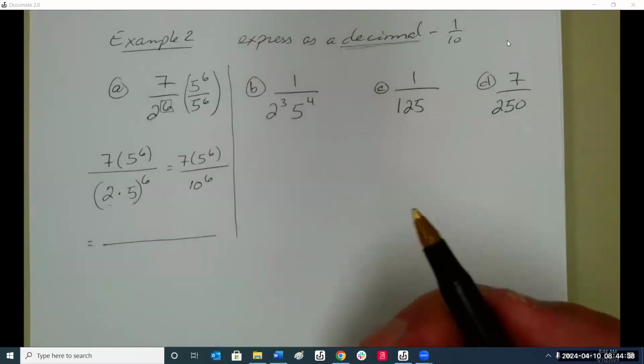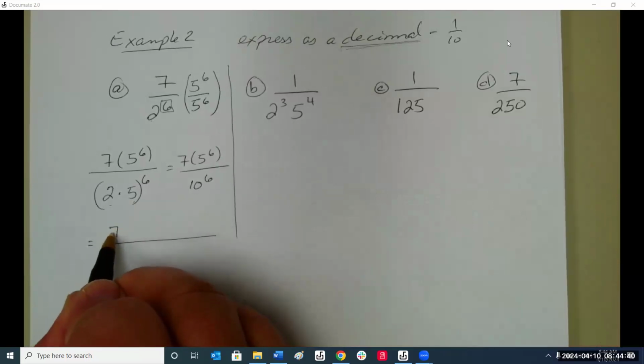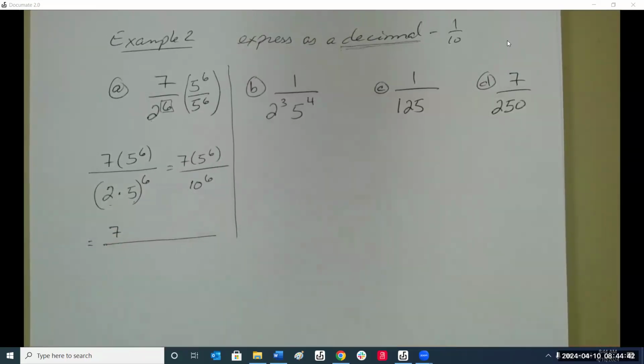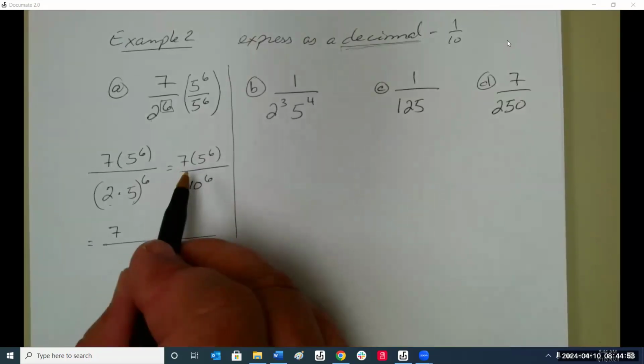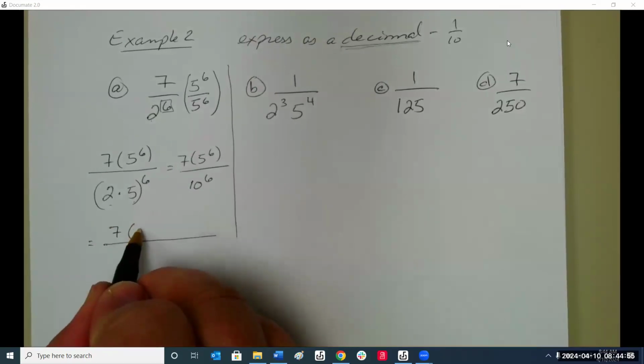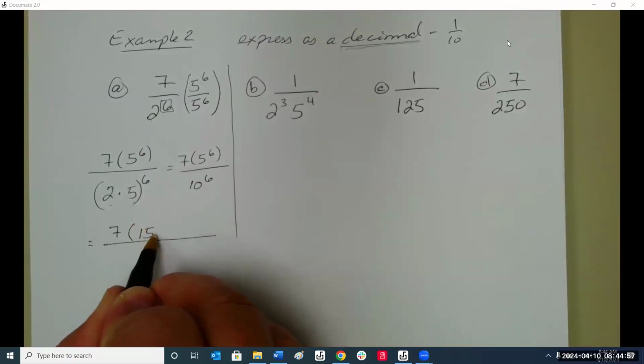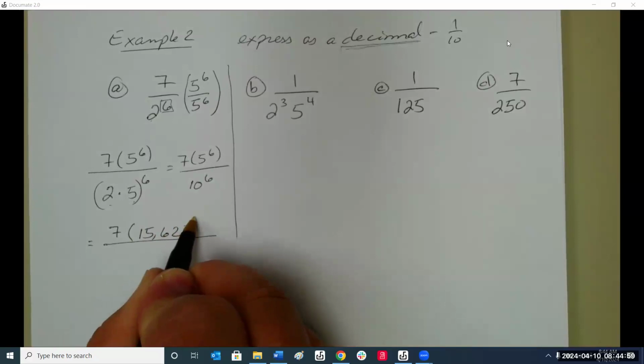Five to the 6. Okay, this is a ridiculous number. So if we take a piece of paper, we can make the kids do 5 times 5 is 25. 25 times 5 is 125. 125 times 5 is 625. And keep on going till we get that. What we would end up with is 15,625.